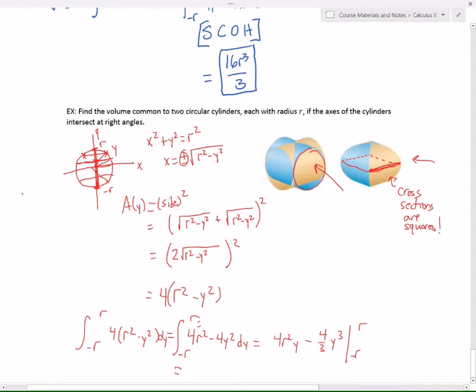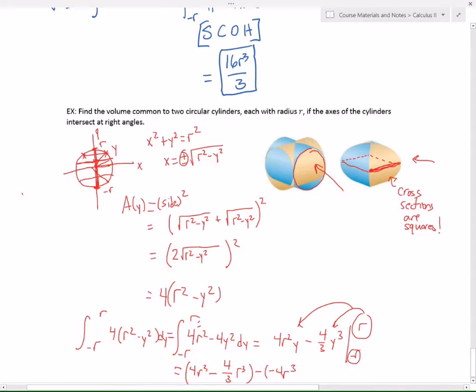So I get that that is in fact equal to, plugging in r, 4r cubed, because I'm sticking in this r here and here. So 4r cubed minus 4 thirds r cubed, minus, now plug in the minus r in both those places. So that becomes a minus 4r cubed, because of minus r times r squared.